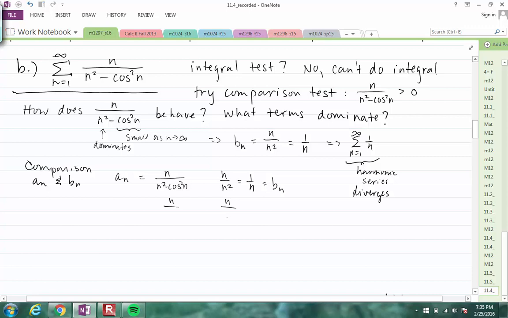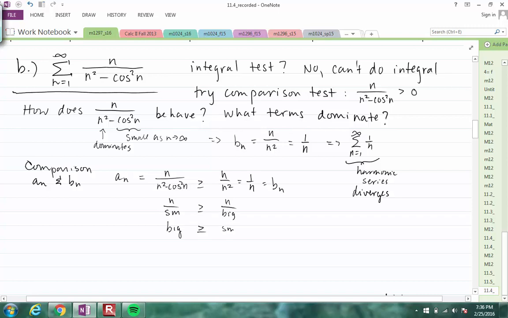So n squared minus cosine squared is possibly a little bit smaller, or equal to technically, as compared to n squared, for n greater or equal to 1. Overall we have the same n divided by something smaller versus something bigger, so we'd get something bigger for our a sub n as compared to our b sub n.